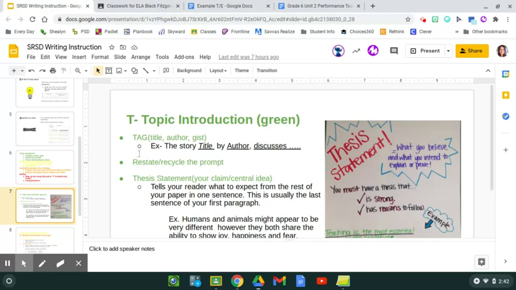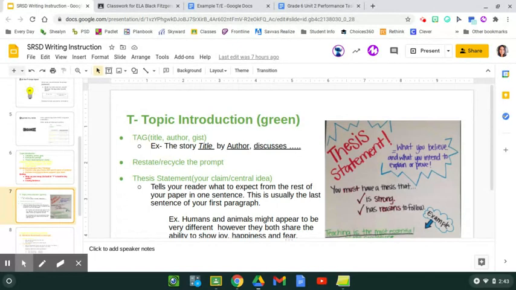You also need to restate or recycle the prompt in your topic introduction, and you usually do that with your thesis statement. Your thesis statement is your claim or your central idea. It tells your reader what to expect from the rest of your paper in one sentence. And that sentence is usually the last sentence of your first paragraph.